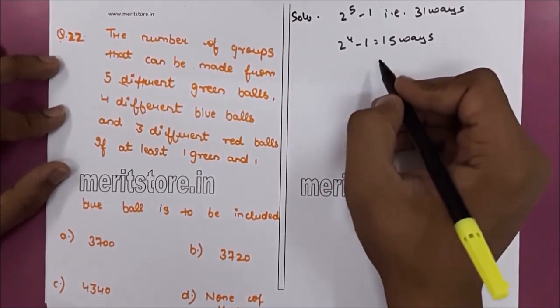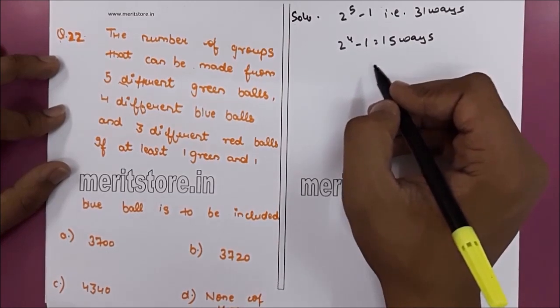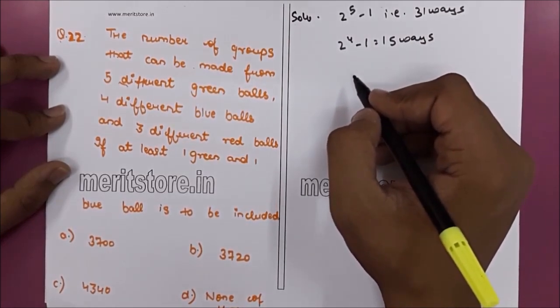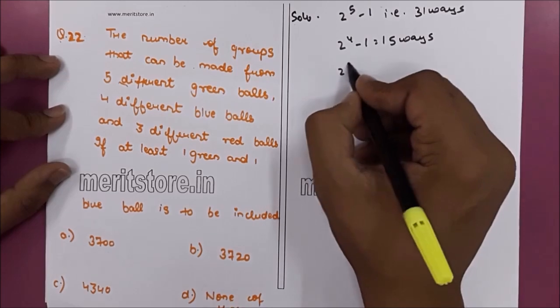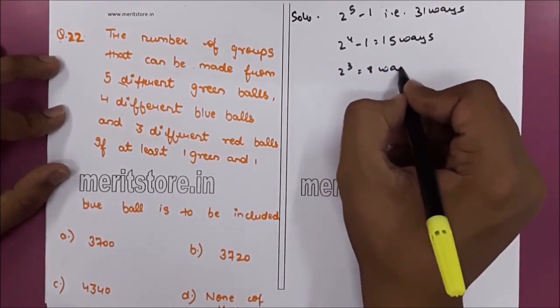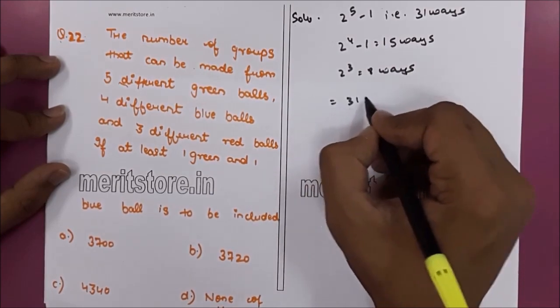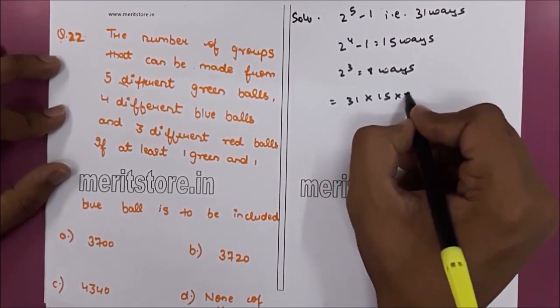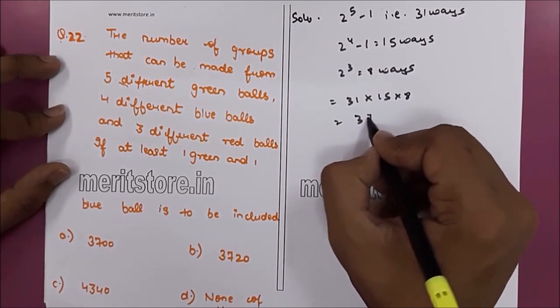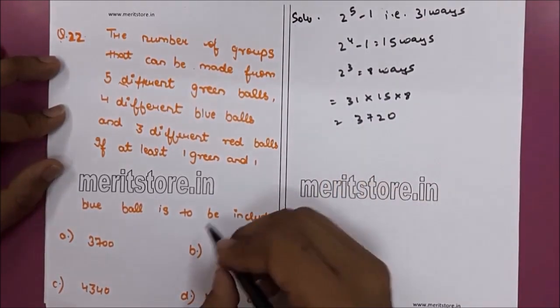And red balls, at least one or none, can be selected in 2 raised to 3 is equal to 8 ways. Hence, the required number of ways is equal to 31 into 15 into 8, that is equal to 3720. Therefore, option B is correct.